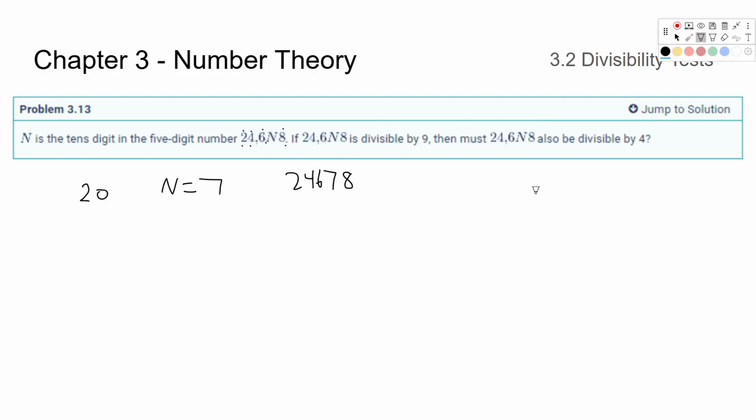All right, so is this also divisible by 4? We know that 600 is divisible by 4. So starting from 600 to 604 to 608, it's only these last two digits we really need to look at. And is 78 divisible by 4? I don't think so.